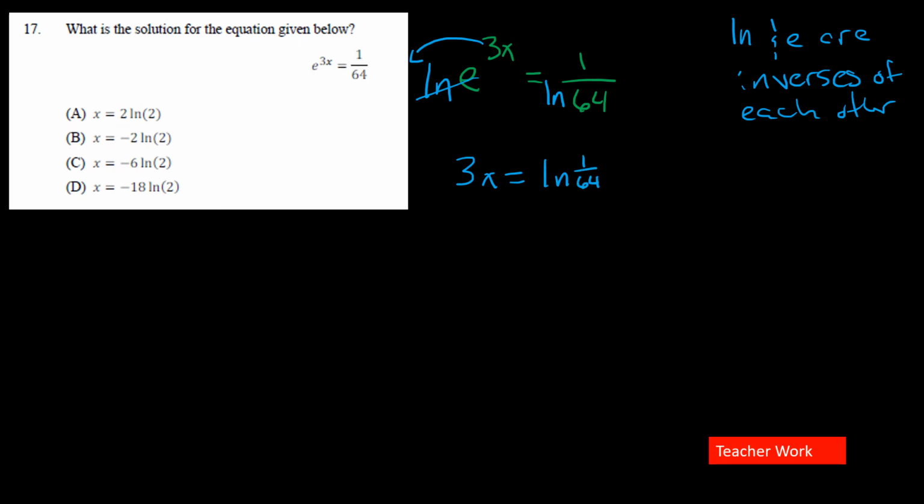I still don't have x by itself. I have this 3, so what I want to do is divide both sides by 3. Simplifies out, so we get x equals the ln of 1 over 64 over 3. And here's our answer.